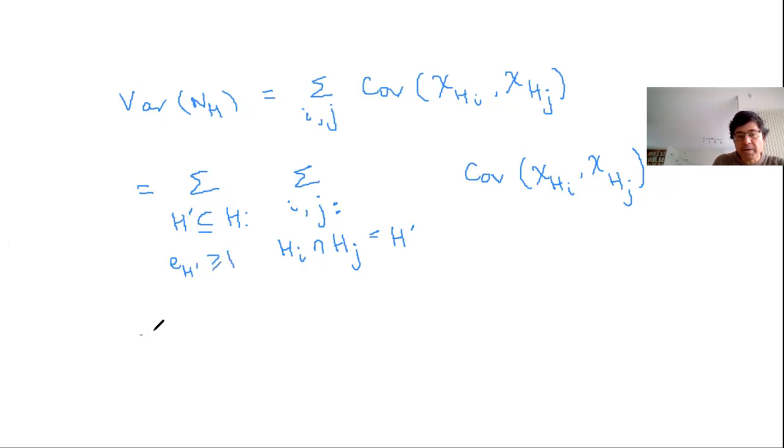Good, so let me just rewrite the sum. So this is the sum, H prime subset of H, consisting of at least one edge.